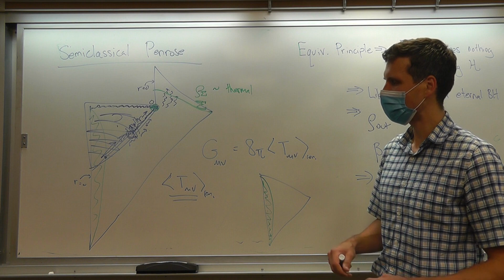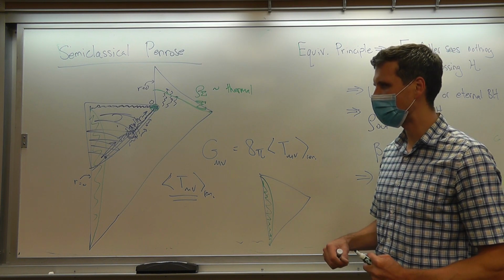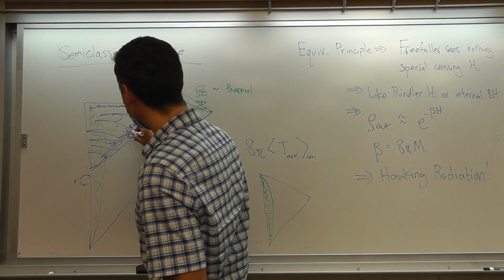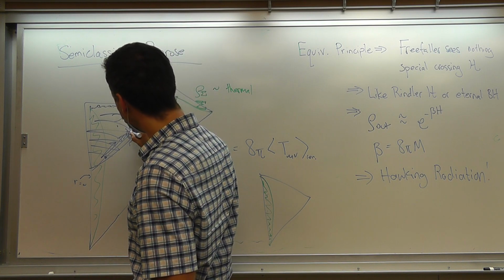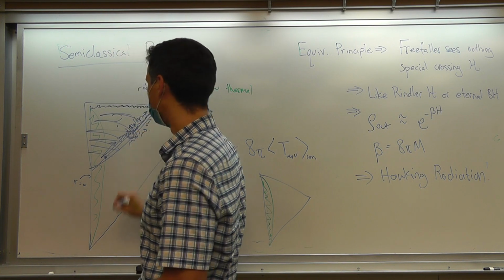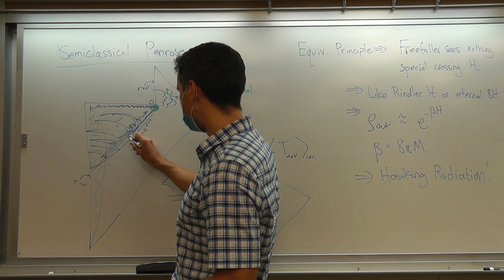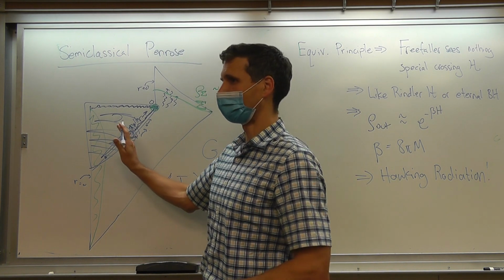When I say equivalence principle, I'm really using that almost synonymously with smooth, where by smooth I mean locally Minkowski. I'm really using the words equivalence principle just to say that this is locally Minkowski space and that it's empty in particular.